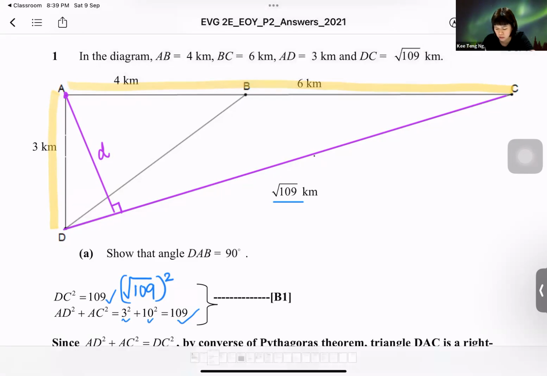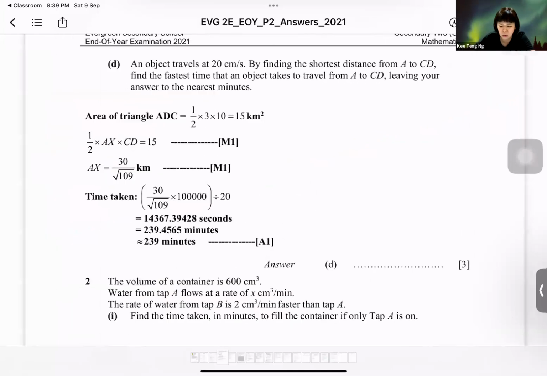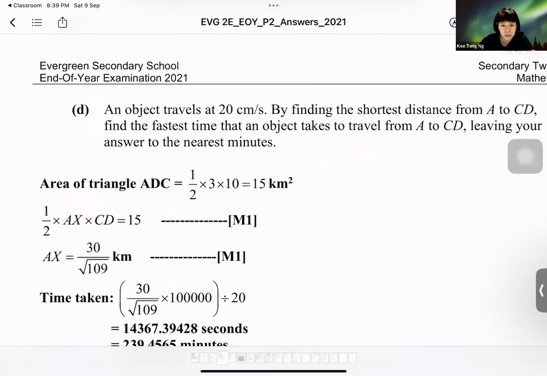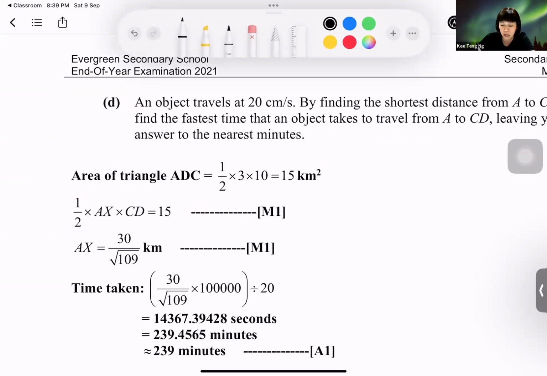I shall let area of triangle ADC be half times base times height, which is half times 3 times 10, to give me 15. Usually I don't bother with the unit so much until the end. So that gives me 15. And at the same time, half times, I'll let this d be the distance.